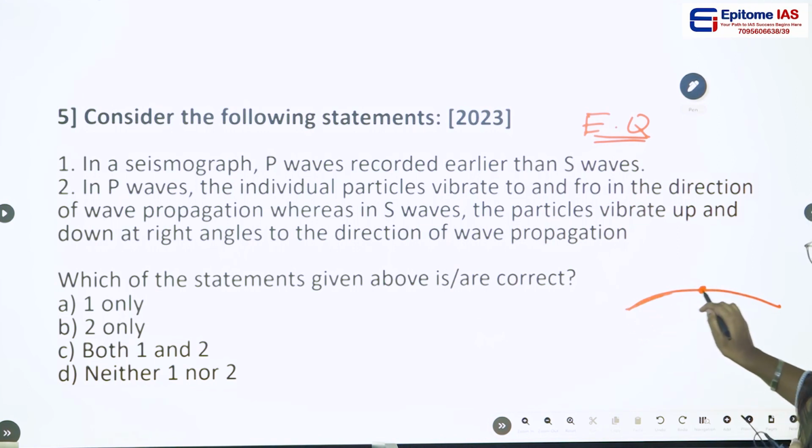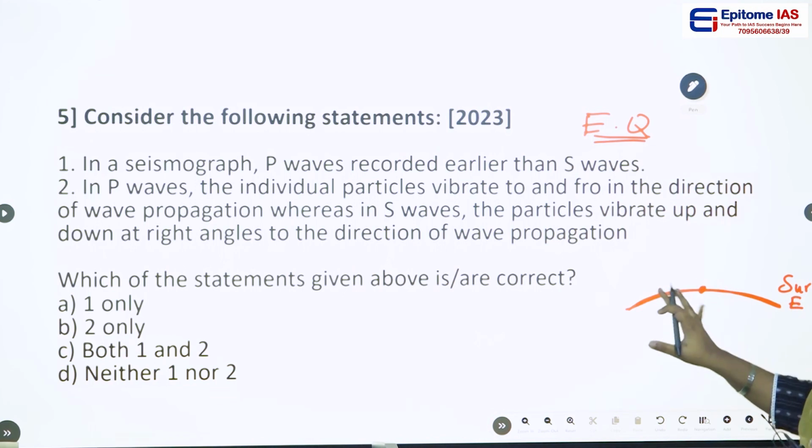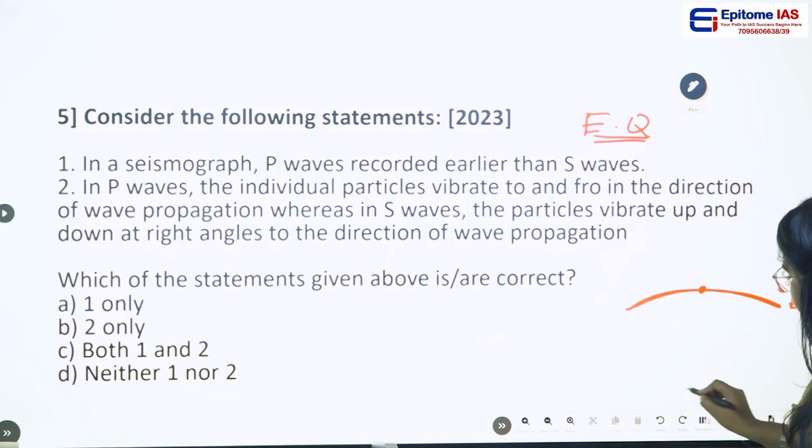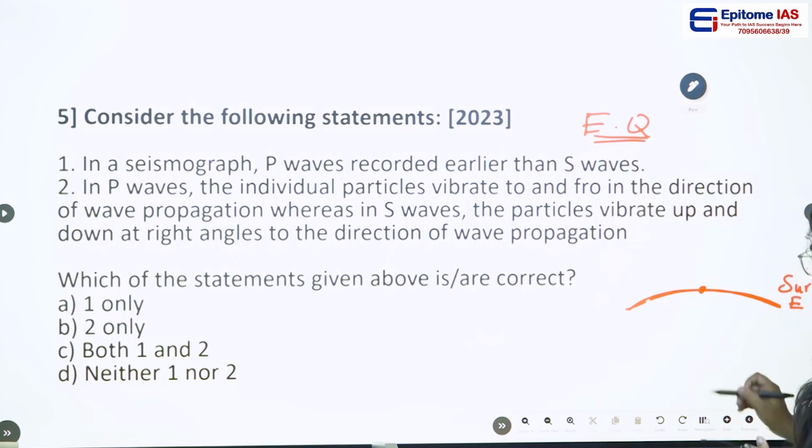This particular line is the Earth's surface. And let us say there is a point inside the Earth's surface. Let's say there is a rupture in a rock, and a particular earthquake is starting from this point, then what happens?